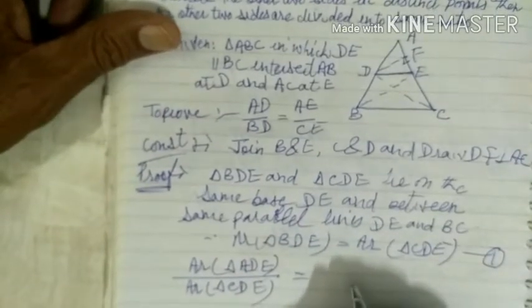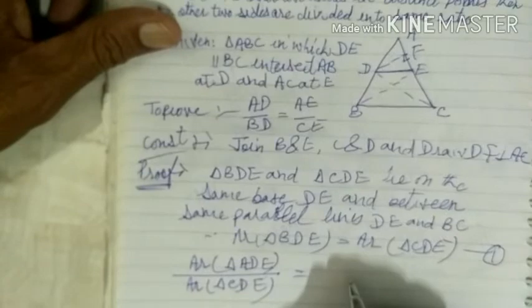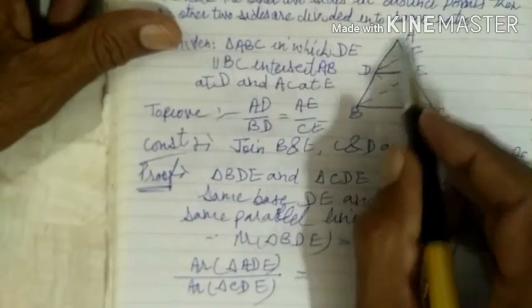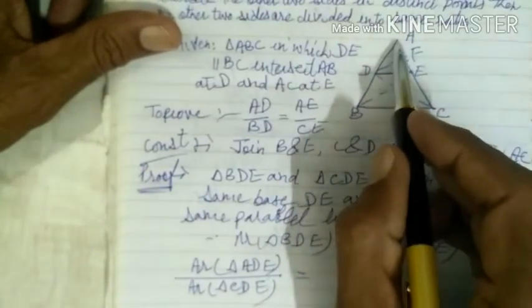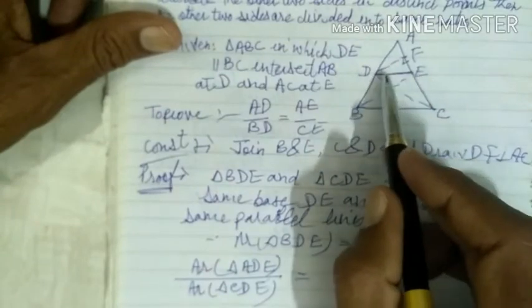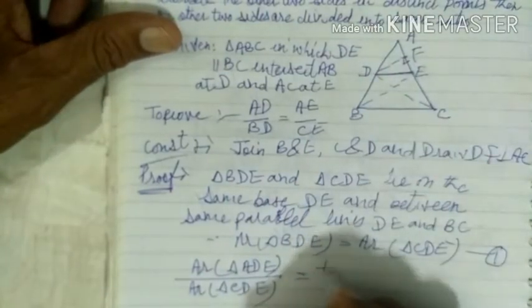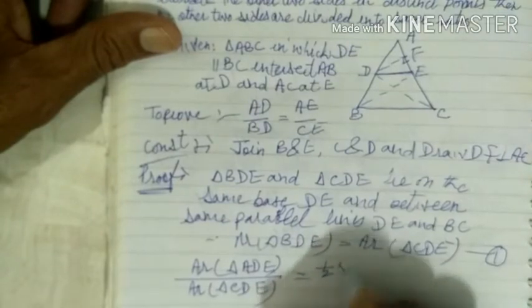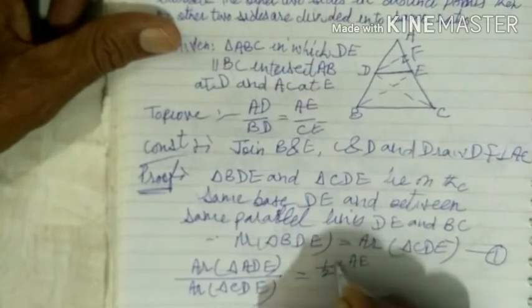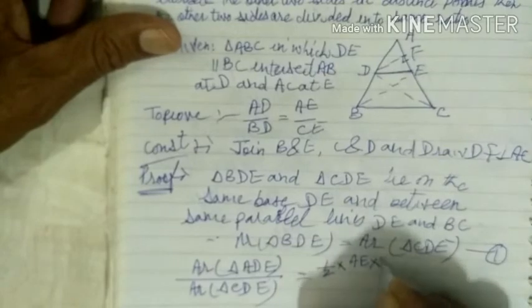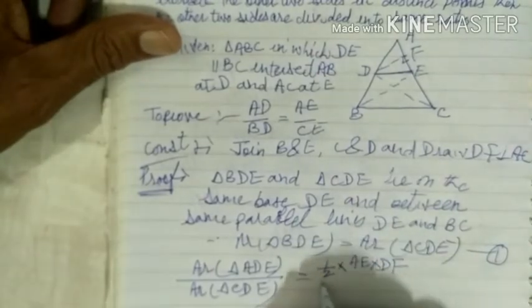Area of triangle is half base into height. Area of triangle ADE will be, base is AE and perpendicular is DF, that is half AE into DF.